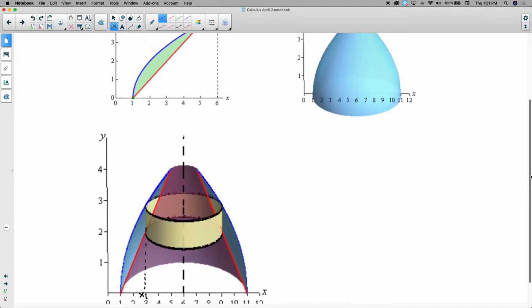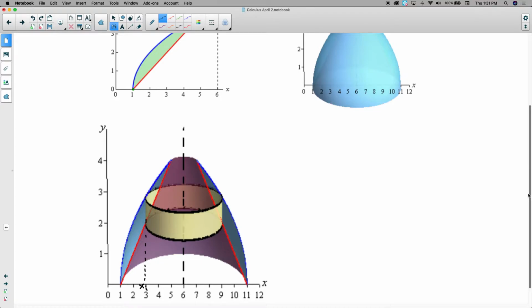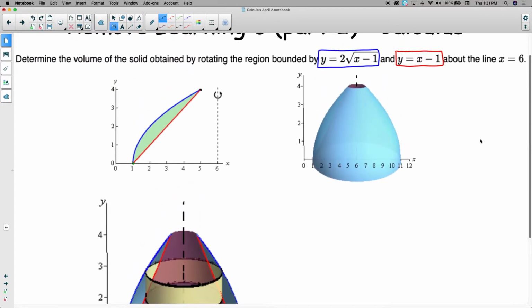Okay, so why am I convinced that it's between 1 and 5 is because I can see that from the graph. But if we were to be a little more official about that, then we would equate these two functions and confirm that their intercepts are at x values 1 and 5.